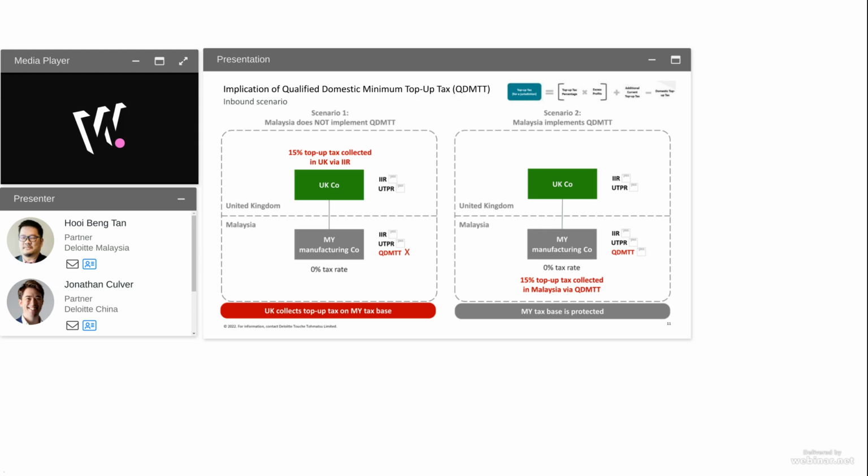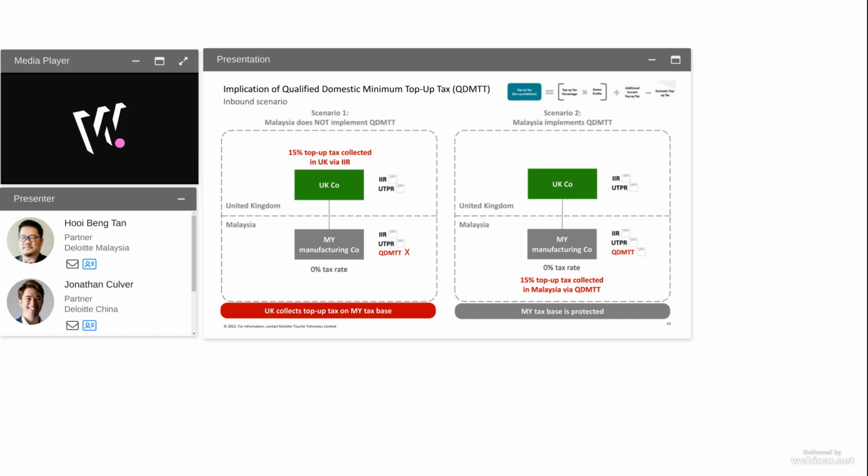In this situation, we have a subsidiary in Malaysia, also part of the inclusive framework. It will therefore also have an IIR and UTPR. But of course, under the top-down approach, it is the UPE who has the right to collect top-up tax under the IIR. So if we look at scenario one, UK Co will pay that tax to HMRC.